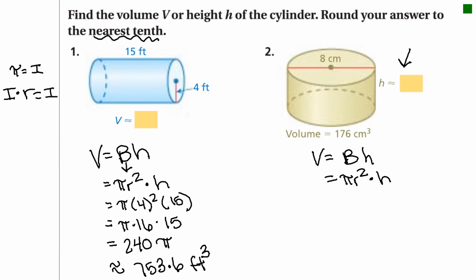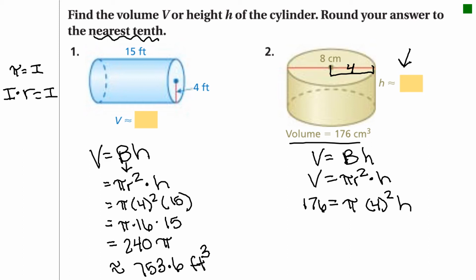So what do we know, and what can we fill in? Okay, yes, we know the volume, so I'm going to plug in V for the volume. 176 equals pi times, we know the diameter, which we therefore know the radius. The radius is half of the diameter, so this is 4. 4 squared, and we don't know the height, so we're going to leave the height as h.